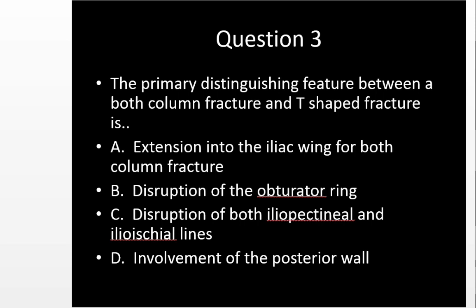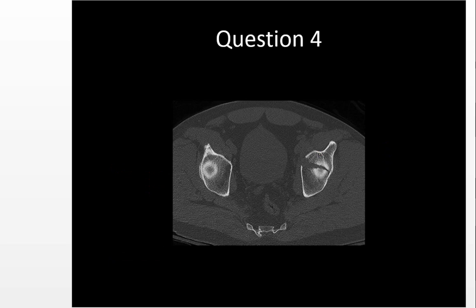It can't be B. They both involve the anterior and posterior columns, so they both disrupt the iliopectineal and ilioischial lines. So the answer is not C. It's not an isolated posterior wall fracture, but the answer is A, because when the fracture extends to the iliac wing, that is indicative of a both column fracture. That is not something that we see with a T-shaped fracture. So the answer here is A, based on our algorithm.